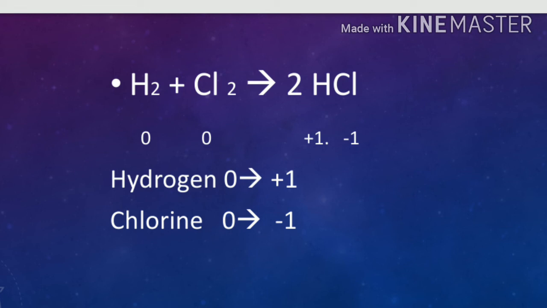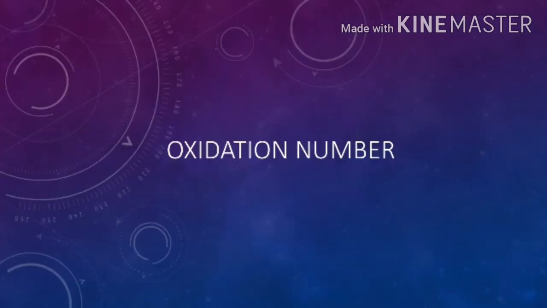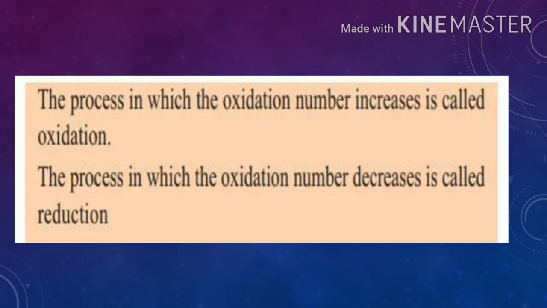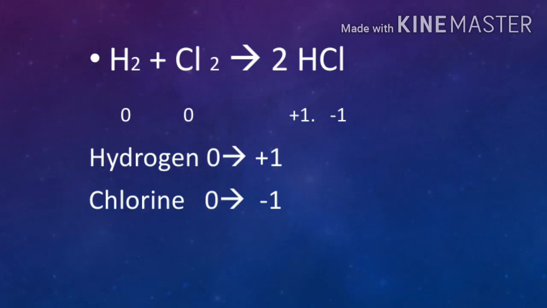Let's define oxidation and reduction in terms of oxidation number. The process in which the oxidation number increases is called oxidation and the process in which the oxidation number decreases is called reduction. Here the oxidation number of hydrogen in the molecular state is 0 and after the formation of HCl it increased to +1, and the oxidation number of chlorine in the molecular state is 0 and after the formation of HCl it decreased to -1.